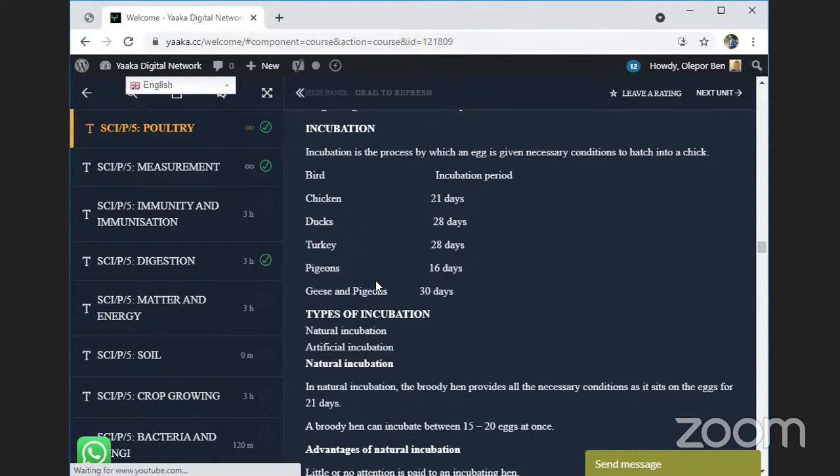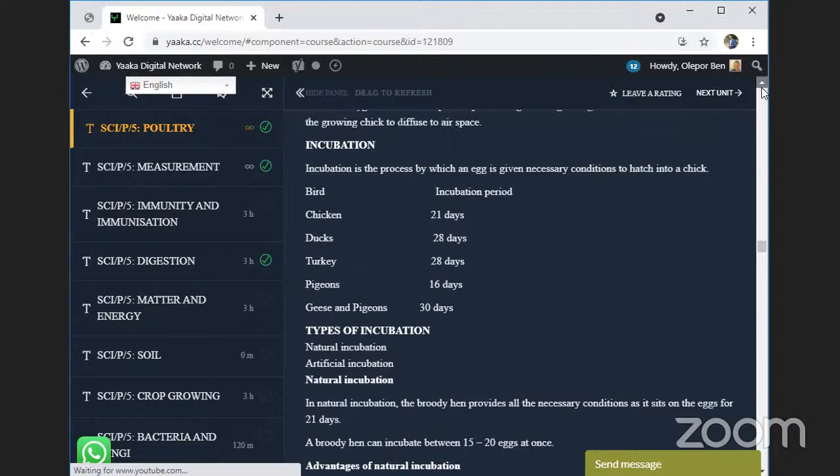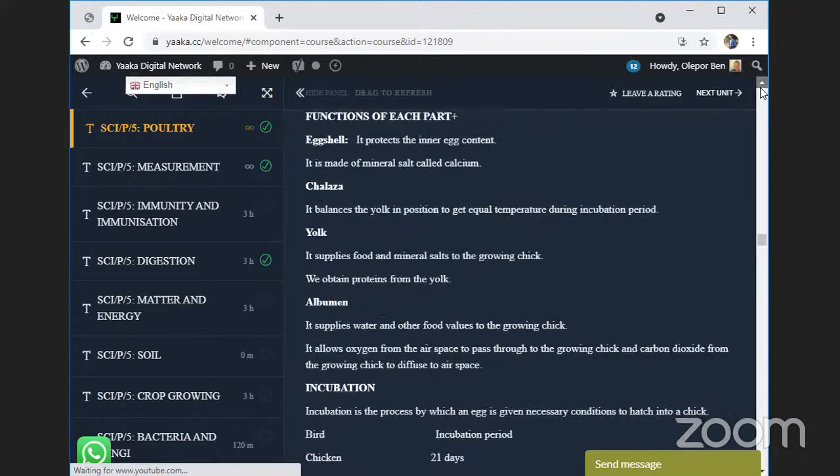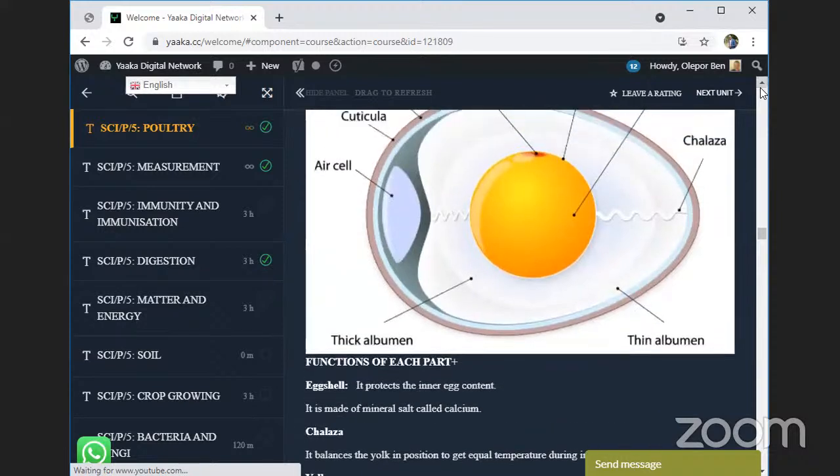The geese, these ones take around 30 days. This is a mistake having here geese and then again pigeons. For pigeons, they take 16 days. We shall be removing that. So pigeons take only 16 days, as simple as that.